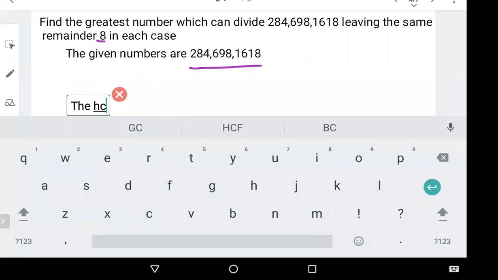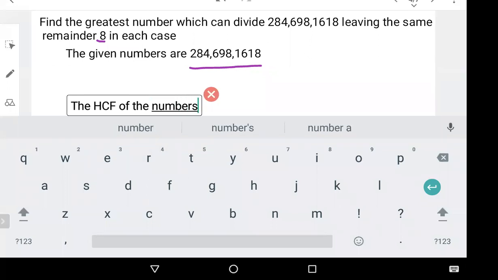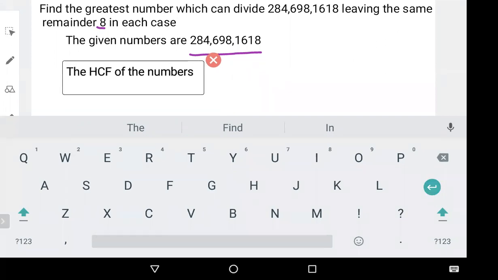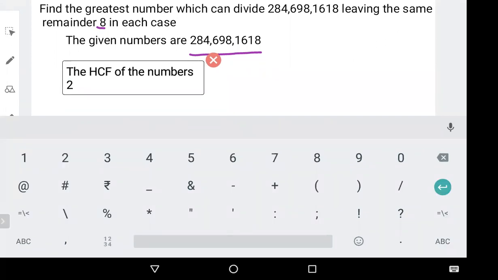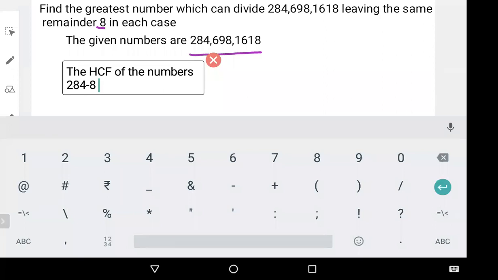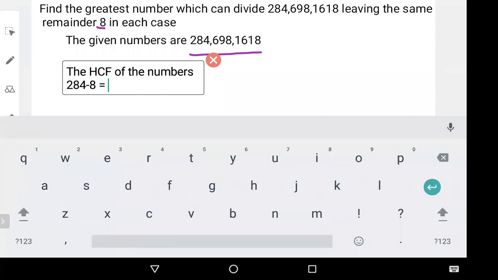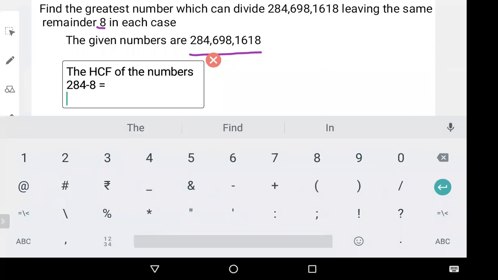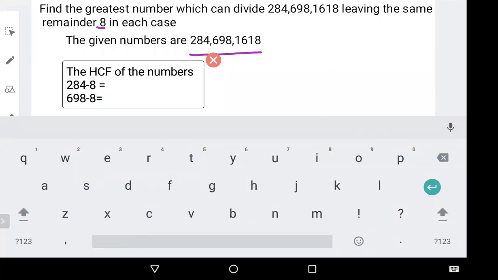So the next step we write is the HCF of the numbers. Which numbers are we supposed to take? First one will be 284 minus 8. Why minus 8? Because there is a remainder, and this remainder you are supposed to remove beforehand. Next, 698 minus 8, which will give you 680.